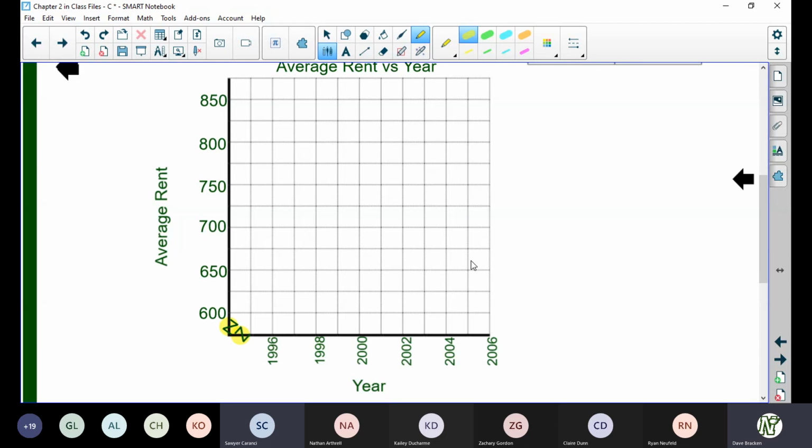Well, you break the axes, Sawyer, when there's a really, really big jump to your first number in your table. And then there's small jumps from there. Okay, so we didn't have to break the axes on some of the other ones because, with Julie's age and her height, with her age, it was 0, 1, 2, 3, 4. So we didn't have to break the axes.